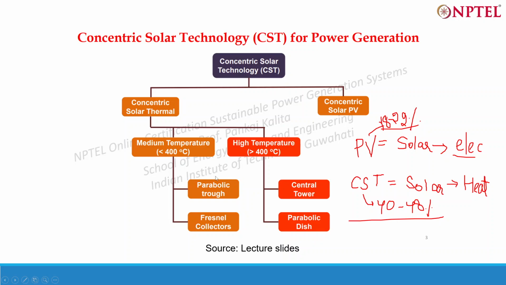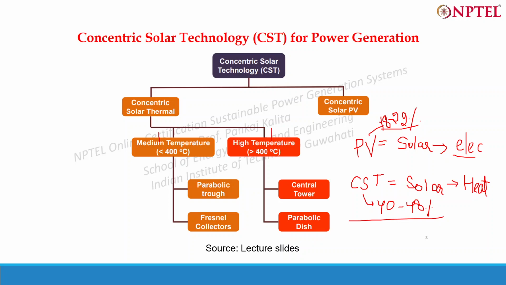Now in concentrated solar technology, we have concentrated solar thermal and concentrated solar PV. We will not be dealing with concentrated solar PV in this lecture. There are two types: one is medium and another one is high temperature.